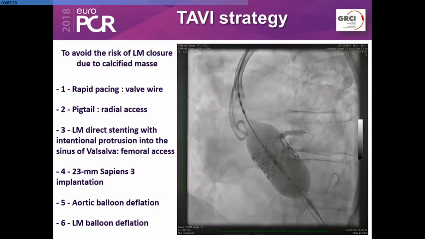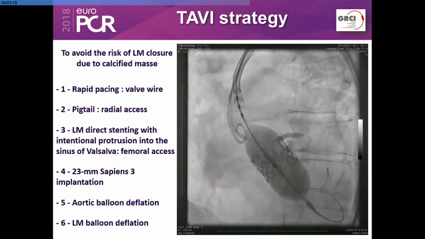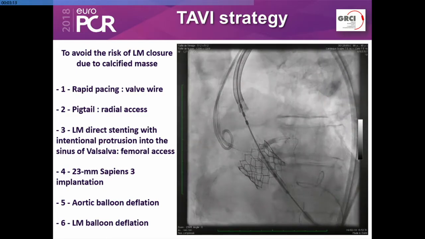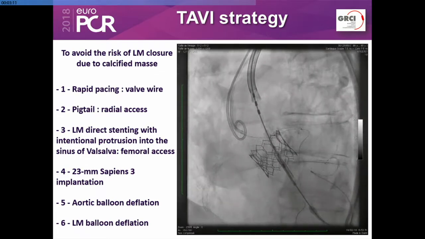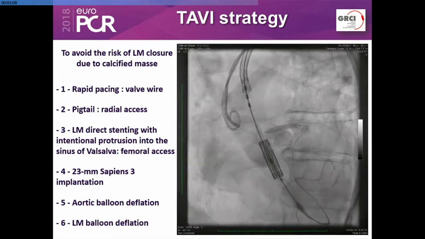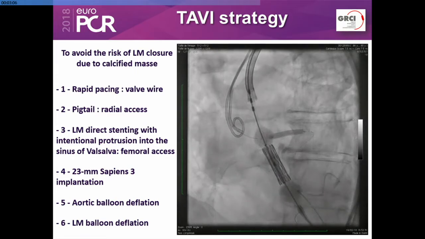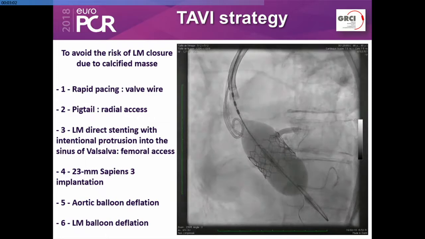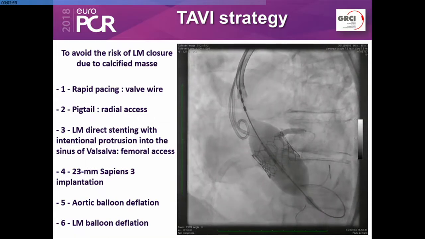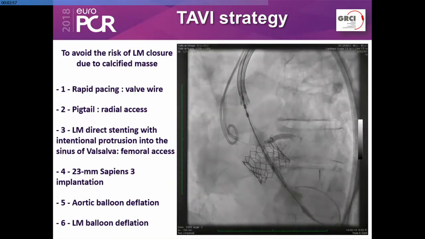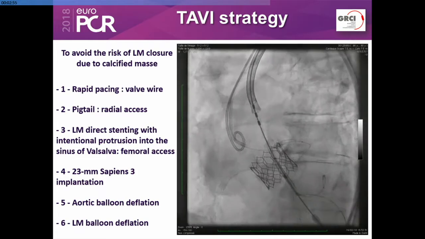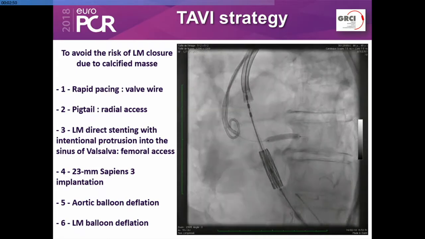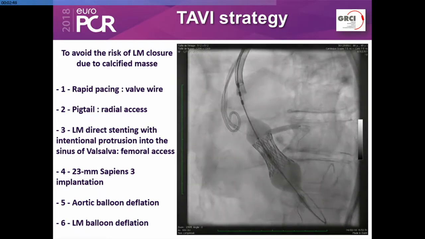You can see either compression or crush of the stent, and we had a concern because of the crush, but the analysis showed that in fact the stent was really patent. We can see on this second movie the calcified mass going to the left main, but due to the stent in the left main, this calcified mass is repressed downside to the left main and outside of the stent of the TAVI, in fact.